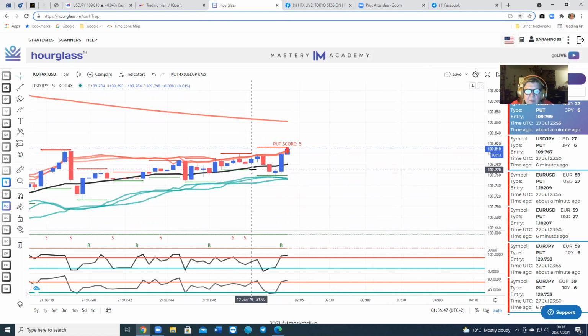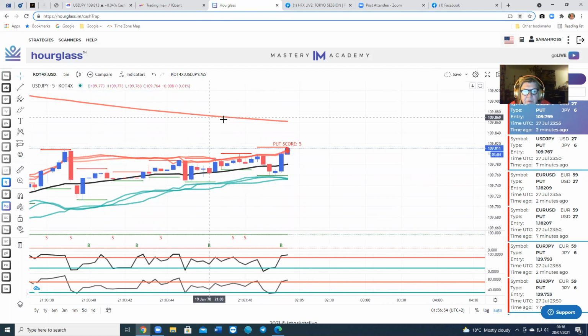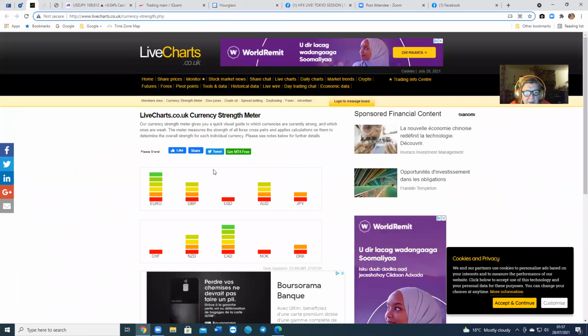It's above our midline on the Bollinger Bands. Remember, there's very slow movement, not much movement in Sydney. We need to wait until market open anyway. And we've got our red 200 EMA. We've got it in the overbought area. This is saying at the moment that the dollar is much stronger than the Japanese yen, which is at odds with what my currency strength meter is telling me.